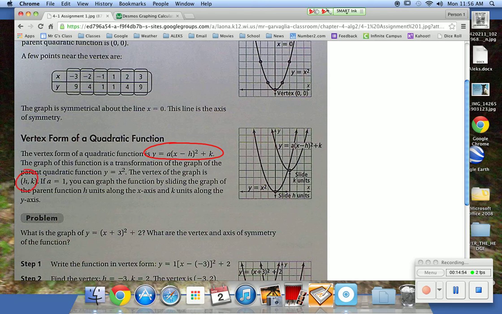It's the vertex of this graph. It's where it meets its lowest point. So I look at my h and my k in here, and that's where it's changing directions. When you're finding that vertex, this is really what you're looking for.